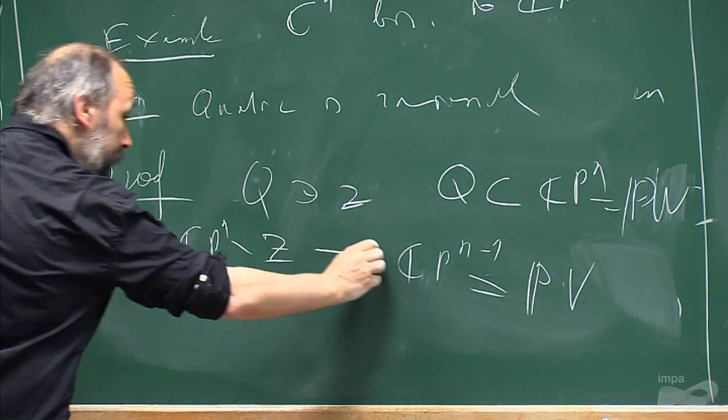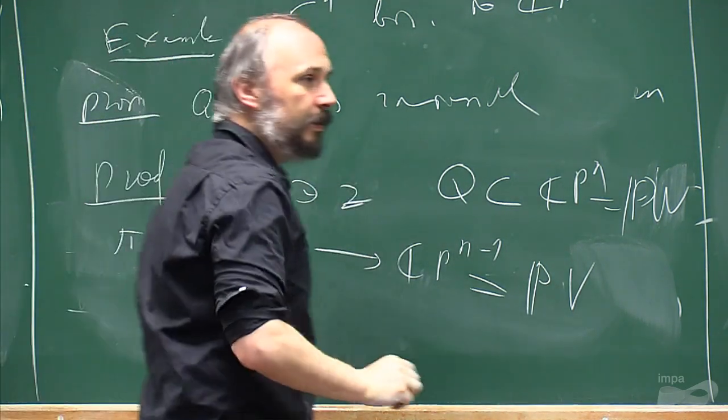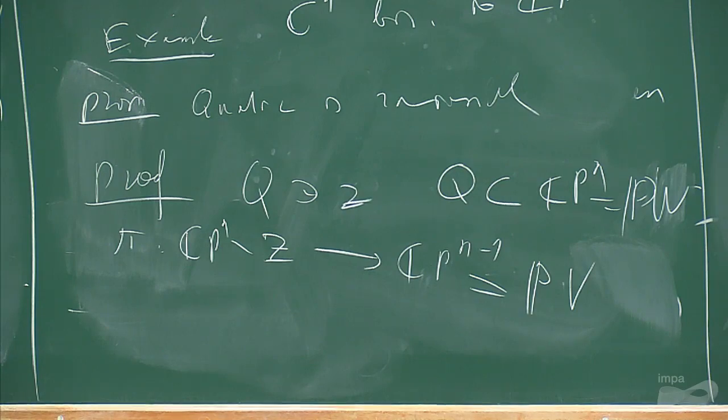Now we take a two-dimensional space generated by Z and something X inside W, because it's a high vector space. And you have your quadric, defined by H or by G here.